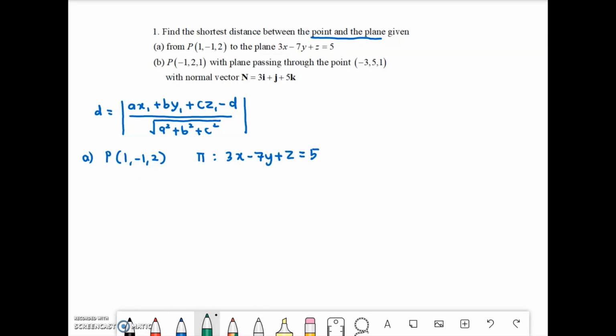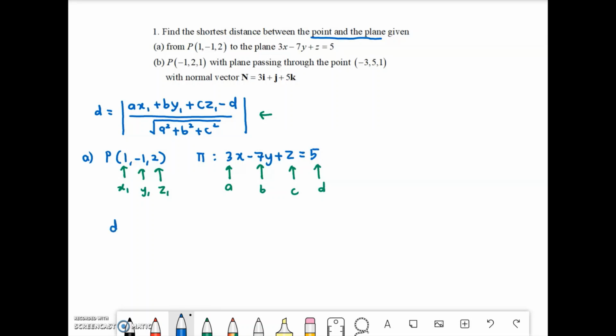From here, we identify this is our point, so here will be our x1, y1, and z1. And from the equation of the plane, this is our A, B, C, and D. So now from here, we can just substitute into the formula of shortest distance.